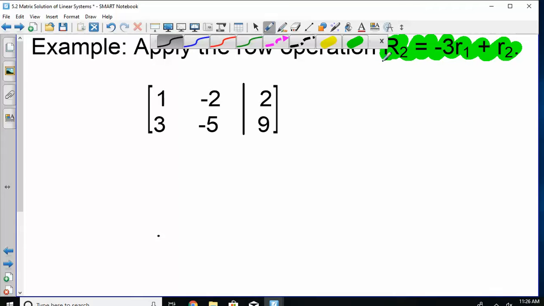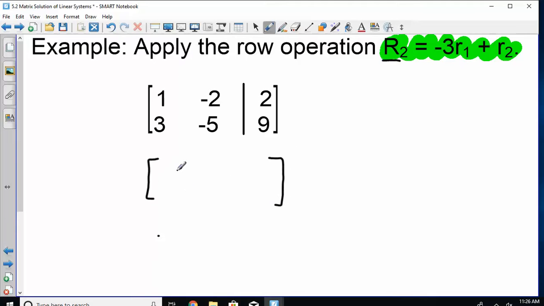The capital R tells you which row you're changing. So the subscript there tells me I am changing row 2. So in my new matrix, the first row will not change. We're just going to change the second.